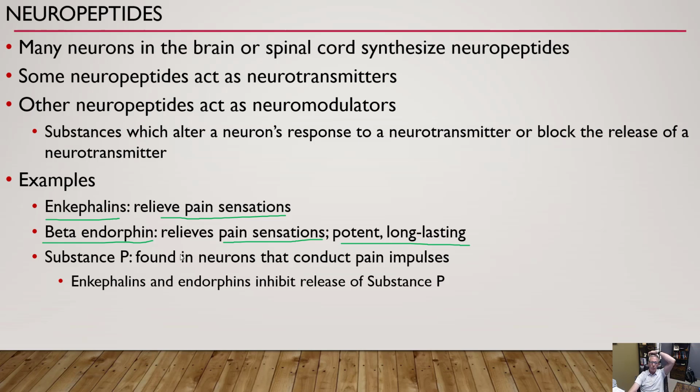We also have a compound called substance P that's found in neurons that conduct pain impulses. Both enkephalins and endorphins inhibit the release of substance P. So enkephalins and endorphins are kind of like our body's natural Tylenol or Advil.